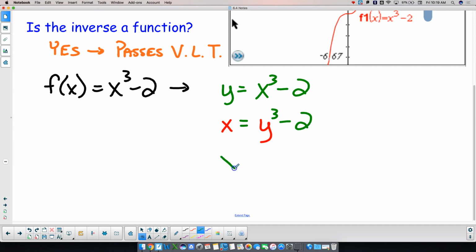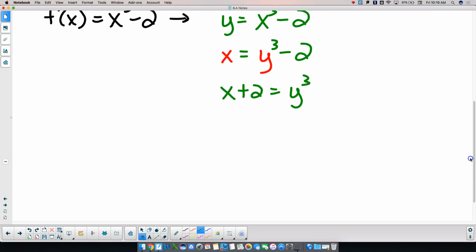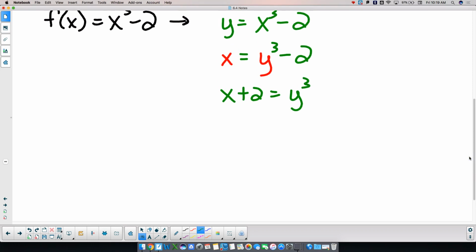So that would be x plus 2 equals y cubed. Cube root of x plus 2 equals y. Yes? Final answer. Yes?